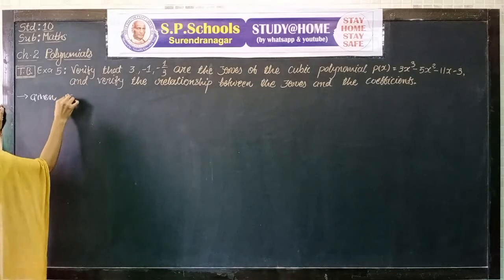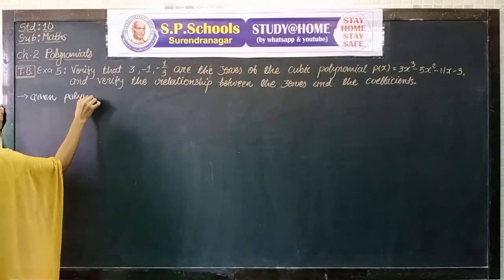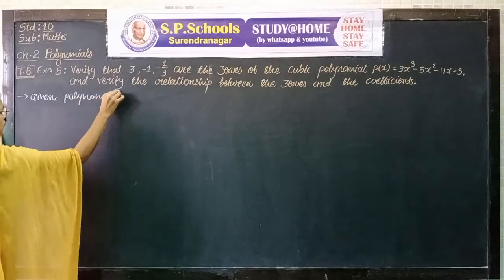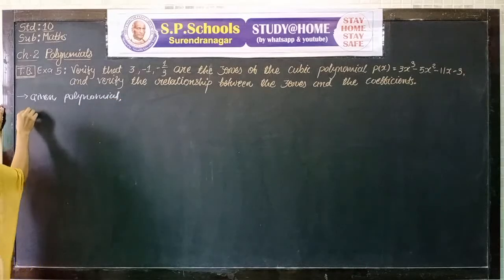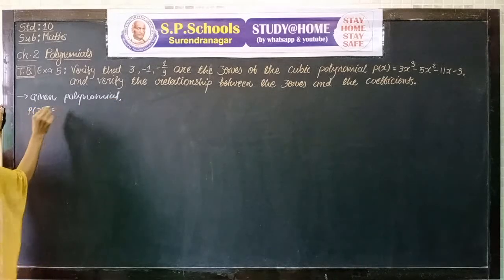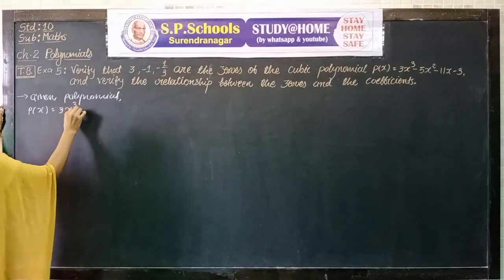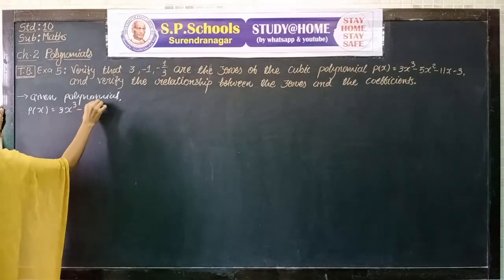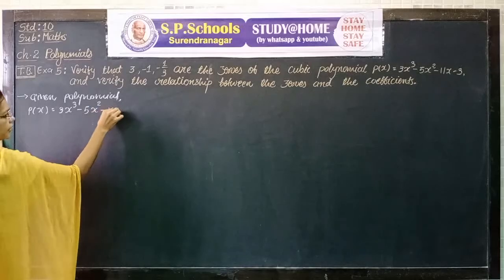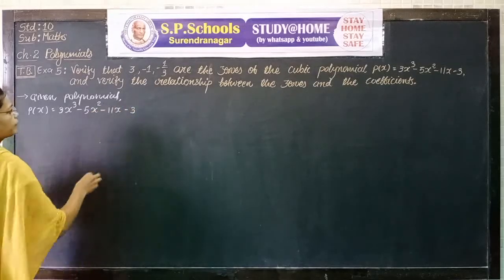Given polynomial P of x is equal to 3x cubed minus 5x squared minus 11x minus 3.